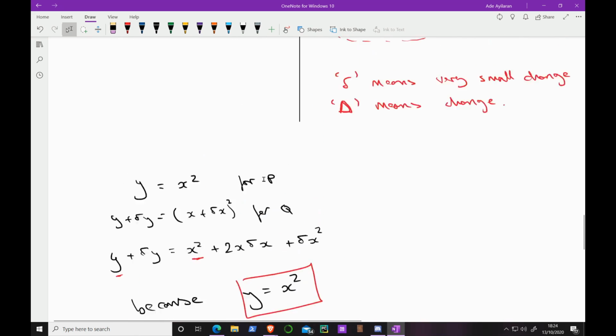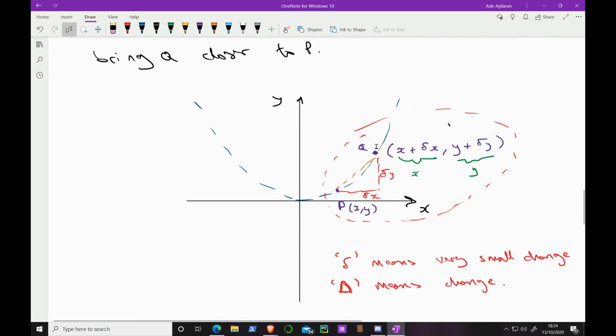Remember what I said about how we make this closer to the true gradient at P? What do we have to do to Q? You have to square it. No, what should we change about Q? If we worked out the gradient and we got a number, how can we improve that number?